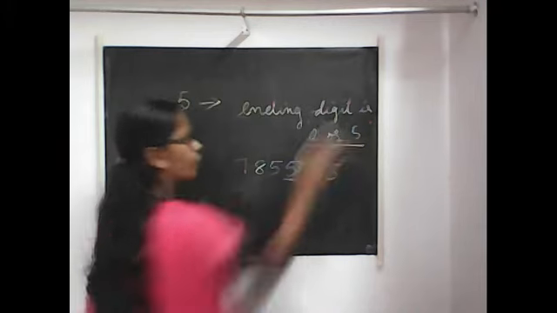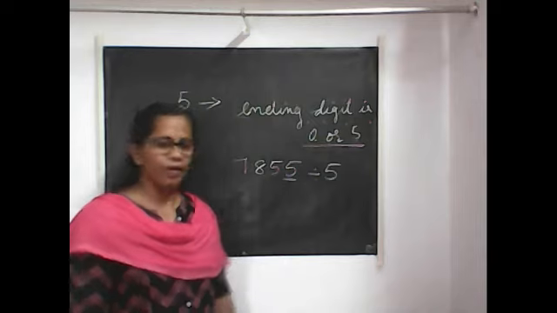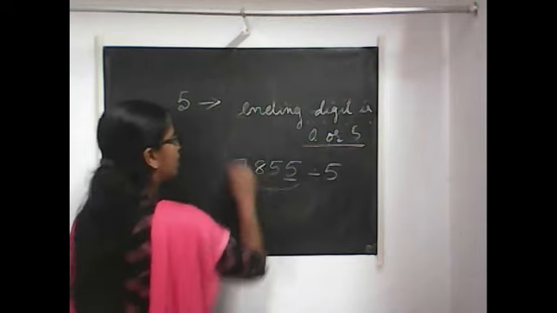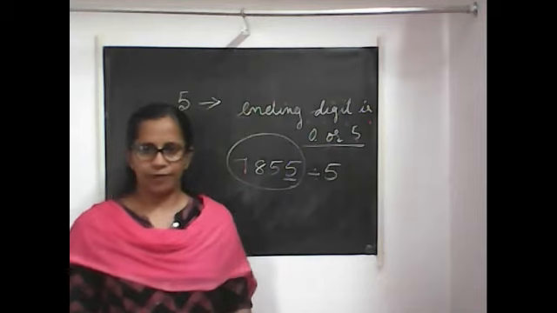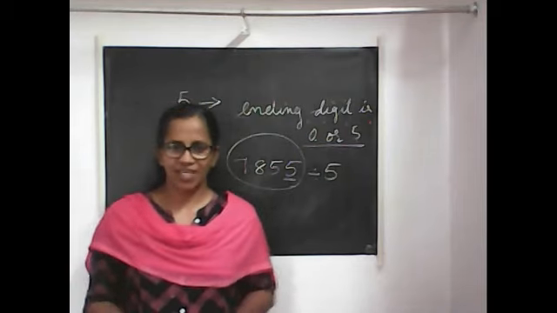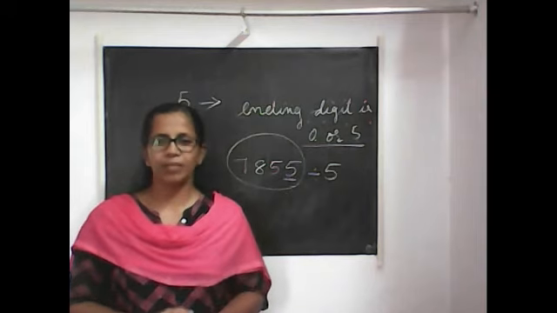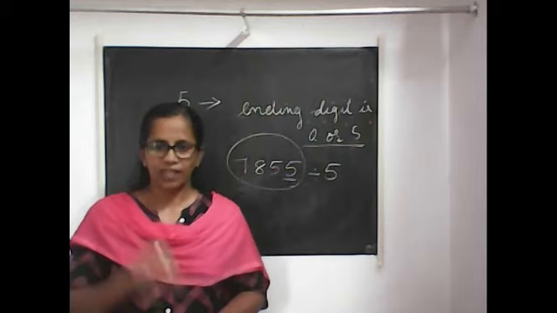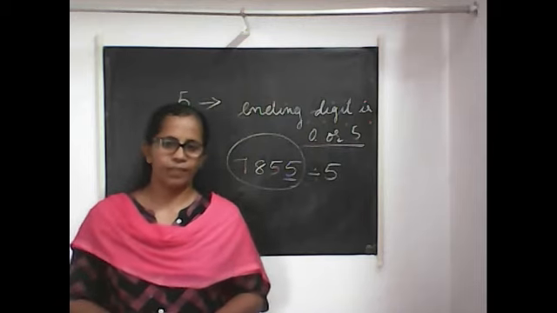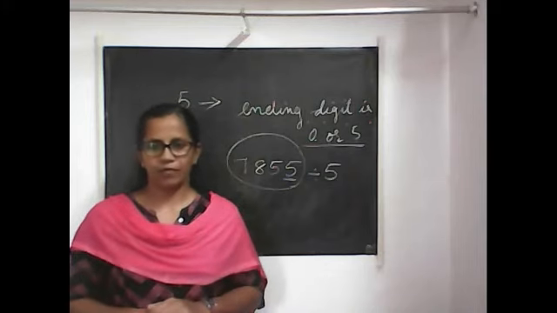If the ones place digit is 0 or 5, then we can conclude that the whole number given will be divisible by 5. That is the divisibility test by 5. It's a very simple thing. If the given number is ending with 0 or 5, then the whole number will be divisible by 5.